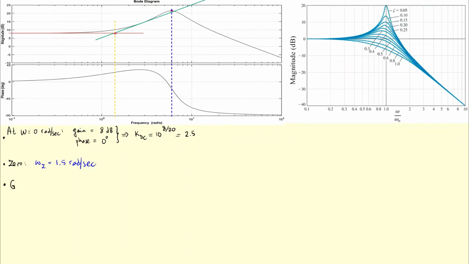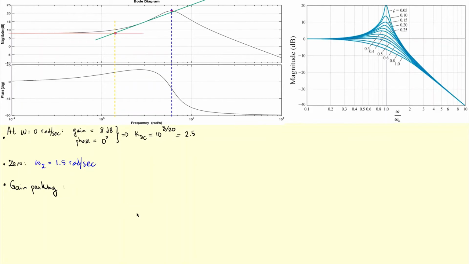So there is a gain peaking in total of course from 8 to approximately 21, 22, so it is 14 dB, but I subtract the contribution of the zero.